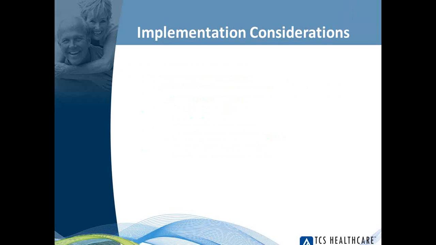And so the kinds of things that we work with our clients to really think about as they are considering implementing Acuity Connect are, the most obvious, again, who are the users going to be? And I say target user group because what we're seeing happening is you'll have the obvious user groups, which are your provider offices submitting authorizations.